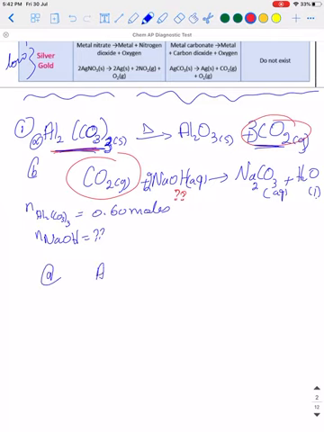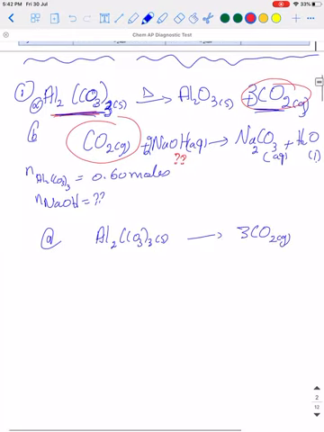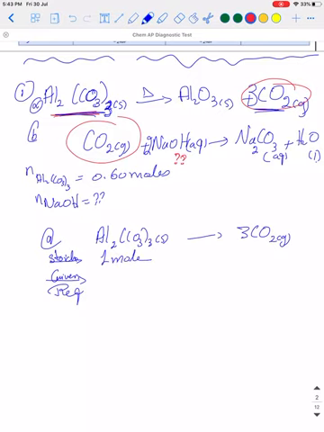From equation A, I have aluminium carbonate giving 3 carbon dioxide. To find the ratio of moles, the first line I always use is stoic, which is the ratio of the substances I have, and then the given and required. Here we have 1 mole of aluminum carbonate corresponding to 3 moles of carbon dioxide.